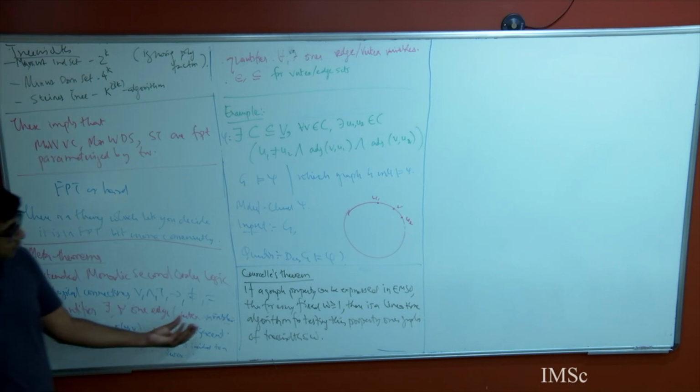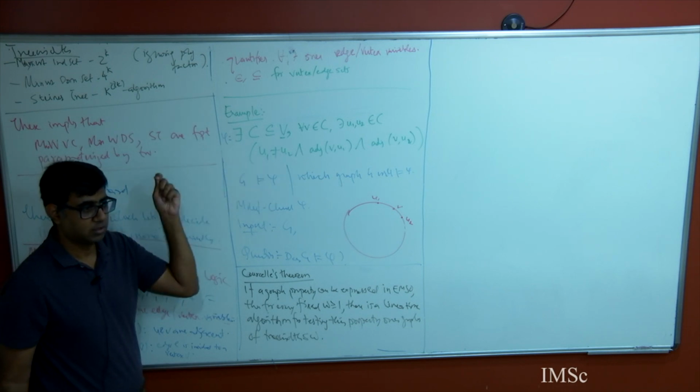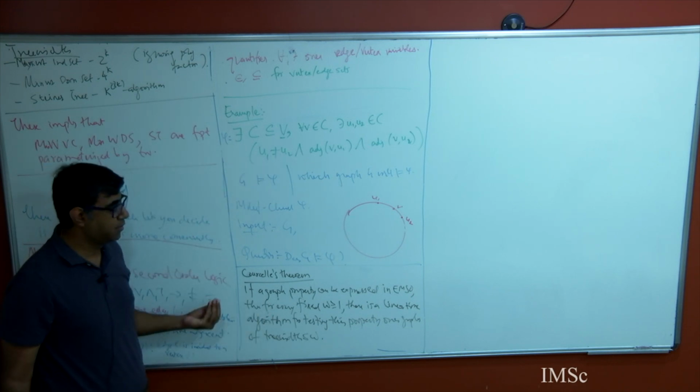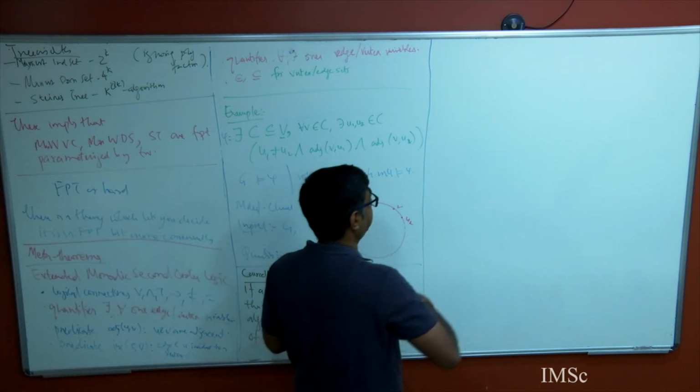So what does this imply? If we can express some property in this logic, then it immediately implies that the problem is FPT, although the dependence on w could be very bad.